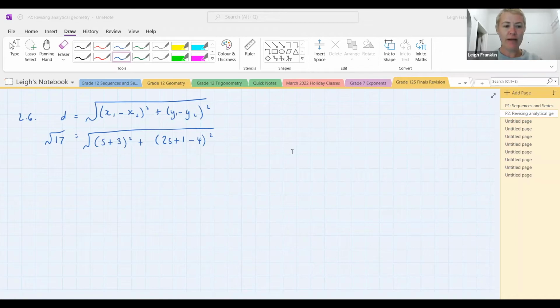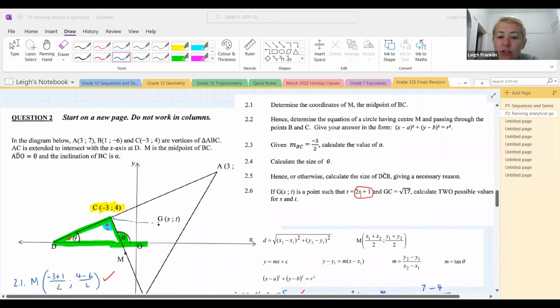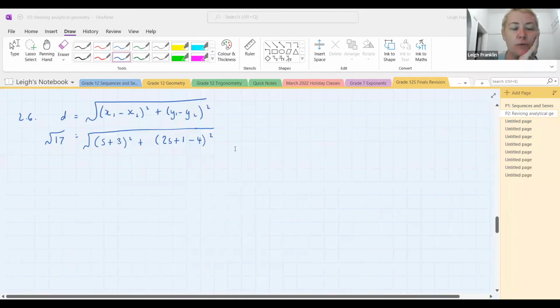All right, lovely. Now, what's our next step? What do we need to do? Is it minus 1? Let me go back and have a look. It's plus 1. Yes, I do often make mistakes. T is equal to 2S plus 1, not 2S minus 1. Thank you for checking.